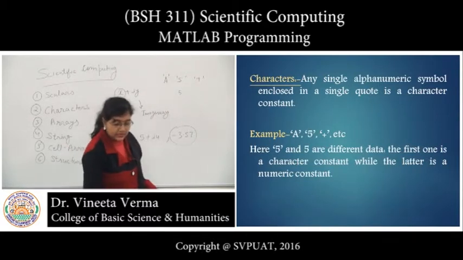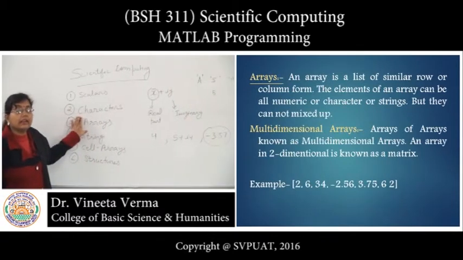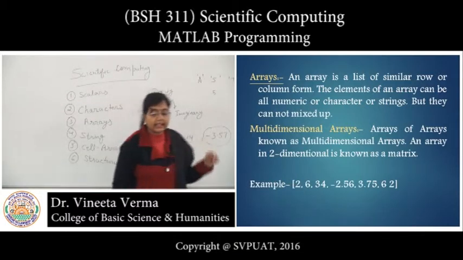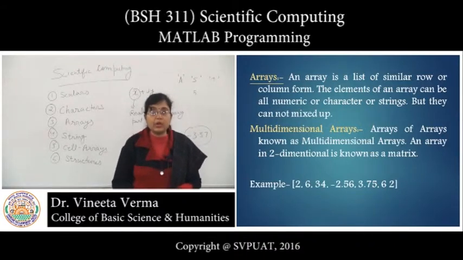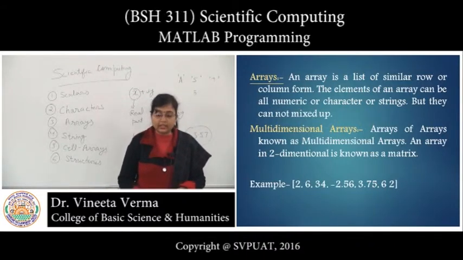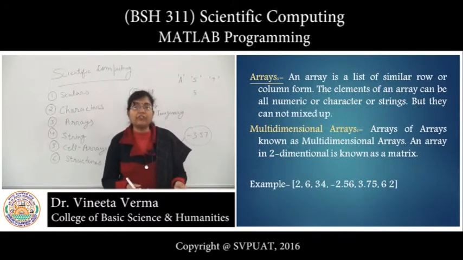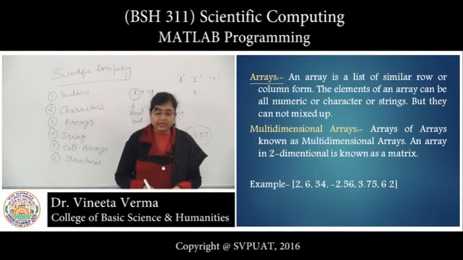And next one is arrays. An array is a collection of similar data types, or an array is a list of similar rows or columns. The elements of an array can be all numeric or character or strings. We can't take different data types in an array. We can't take a combination of numeric and characters in an array.